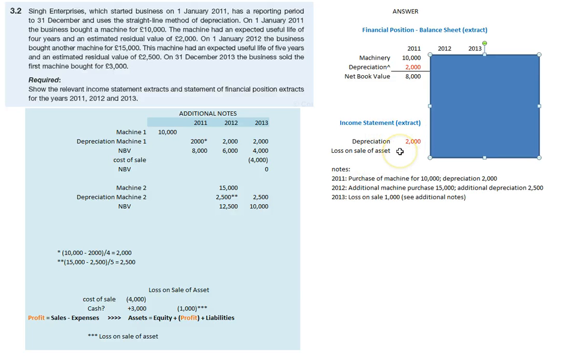It's a provision. We're reducing our profits by 2,000, setting it aside, taking it away from the hands of the equity holders and saying, no, we must set this aside to provide for the loss of sale of the machine.